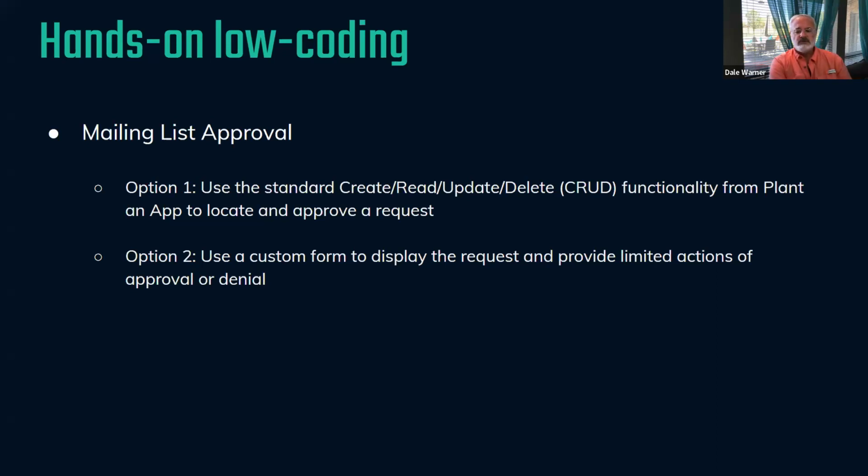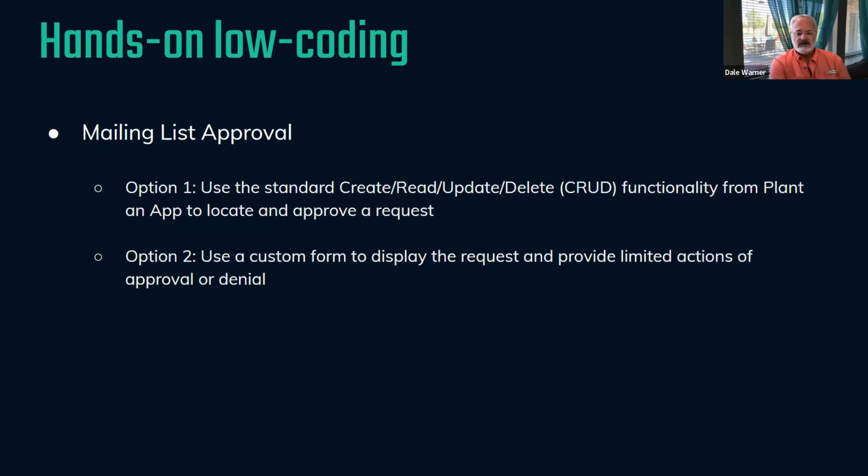I can do no development and just point the administrator to these forms, or you might go with option 2, where you want to do a custom form that shows the mailing list information that the user has provided and only lets the administrator do something very limited. They can approve or deny, but nothing else. This kind of scenario takes more effort.